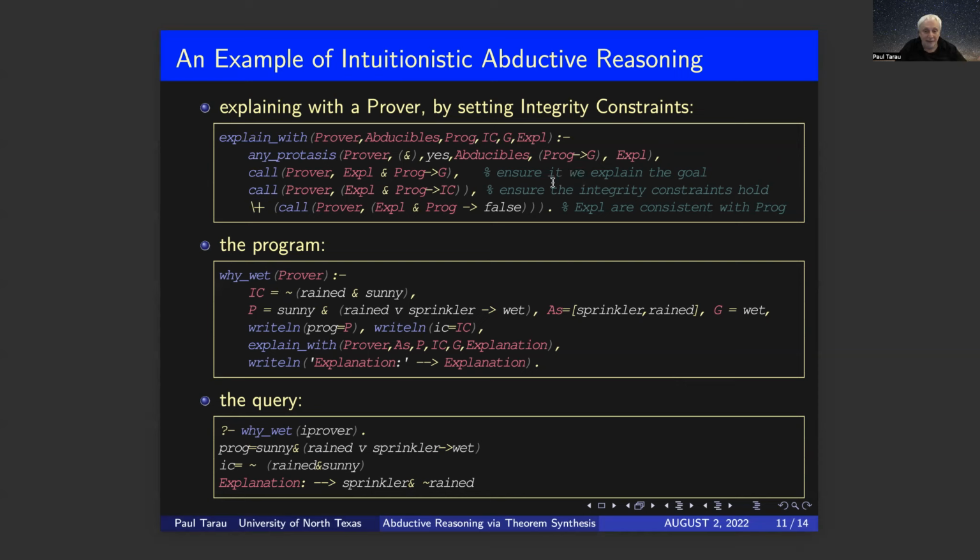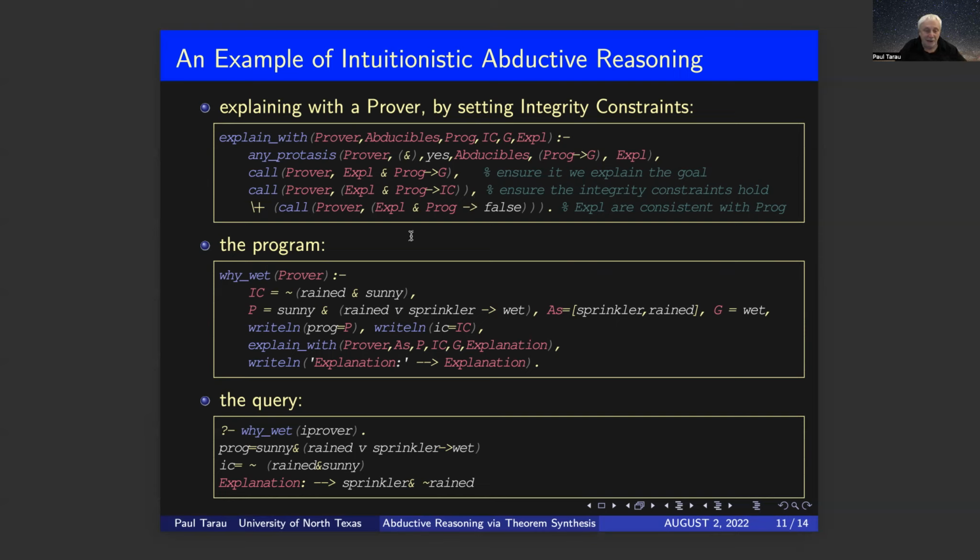So how we do that, we find any protasis given the abducibles. We ensure that we explain the goal, so the program should imply the goal here. And then we ensure that the integrity constraints hold, so the explanation and the program should imply the integrity constraints.